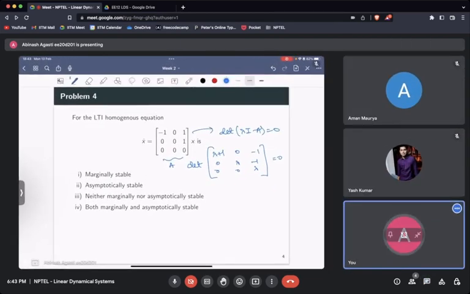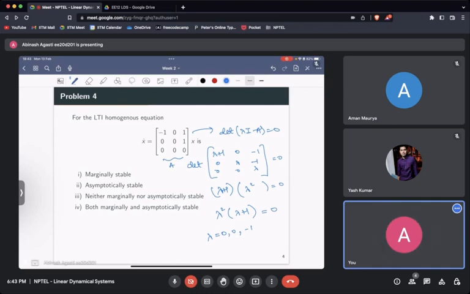Yes, that's it. So we can directly just find the determinant. This is the characteristic polynomial equal to 0. So we have two repeated roots at 0 and one negative root, minus 1.